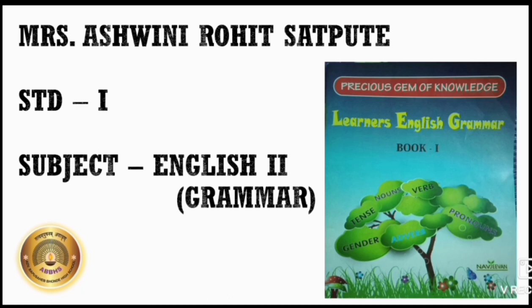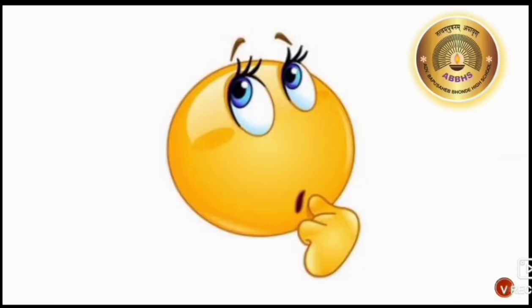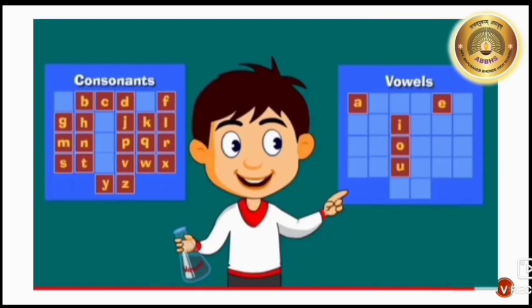Children, can you tell me, how many vowels are there? Yes, 5 vowels. And which are they? They are A, E, I, O, U. And there are 21 consonants in the English language.